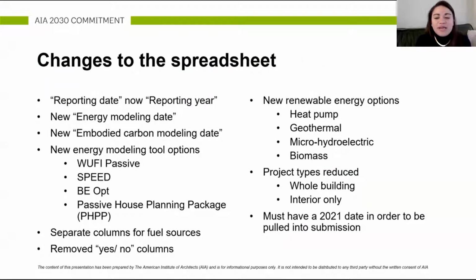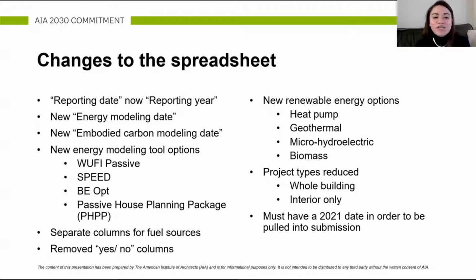Okay, so we have a number of changes to the spreadsheet and the inputs for each column. First, we know that the reporting date caused some confusion last year, so we've replaced the reporting date column with reporting year. In order for your project to be submitted for 2021, it has to have a 2021 reporting year associated with it.